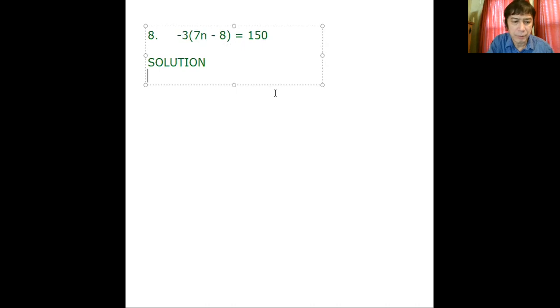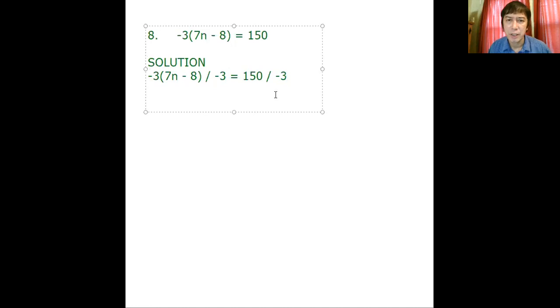So we shall divide by the negative 3. So negative 3 times the quantity 7n minus 8. Now we will divide this left side by the negative 3, and then this equates to 150, also divided by a negative 3. For the next line, this negative 3 divides exactly by the negative 3, giving us a positive 1.